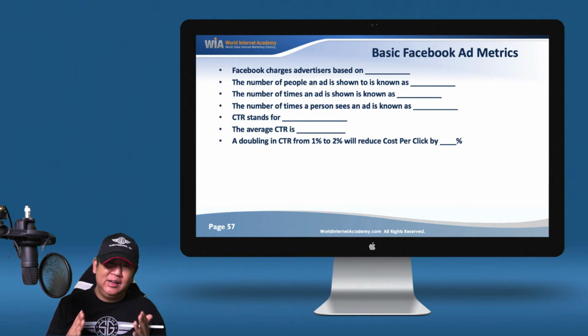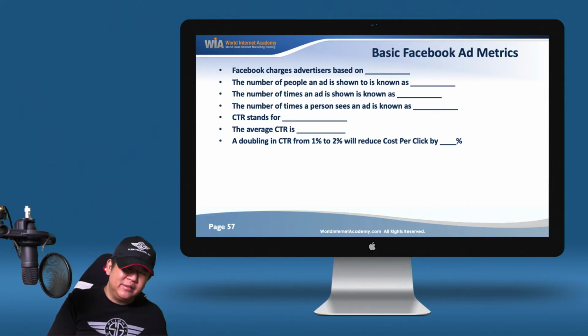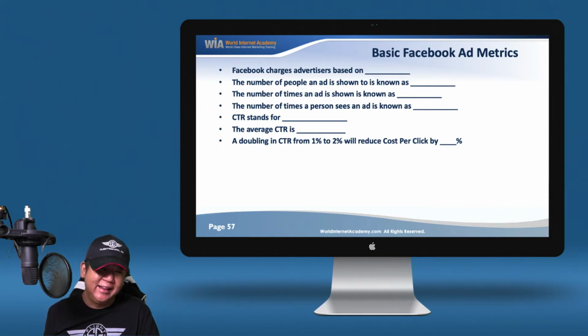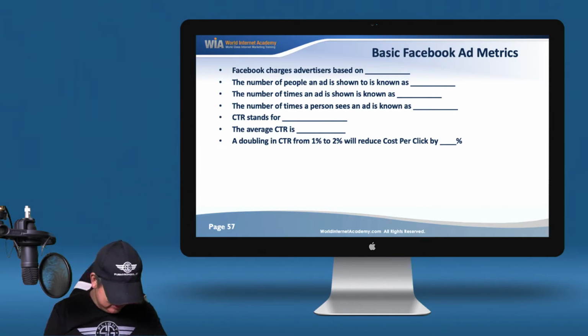Now, this is a little bit more complicating. A doubling in CTR from 1% to 2% will reduce cost per click by how many percent? It's getting a bit trickier right now. And it's going to be a bit more difficult to answer.